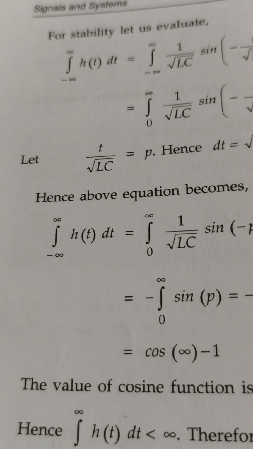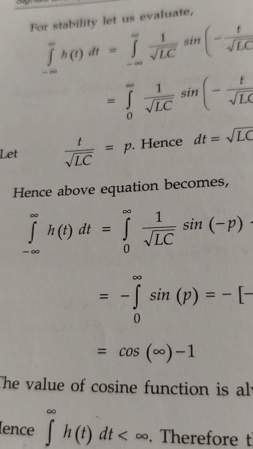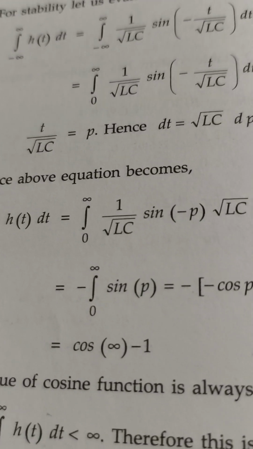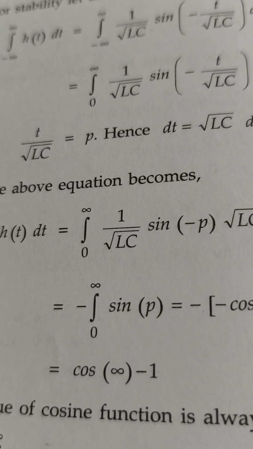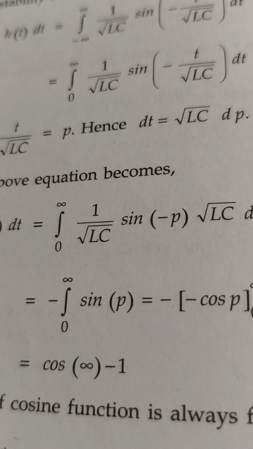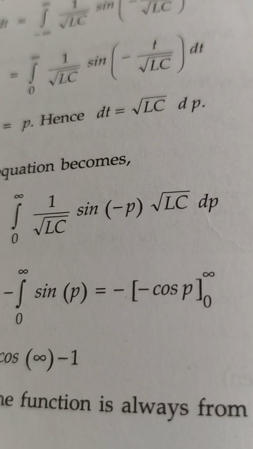Now what we'll do, let t by square root of LC be equal to p. We'll assume this is equal to p. Hence, doing the differentiation, dt equal to square root of LC dp.